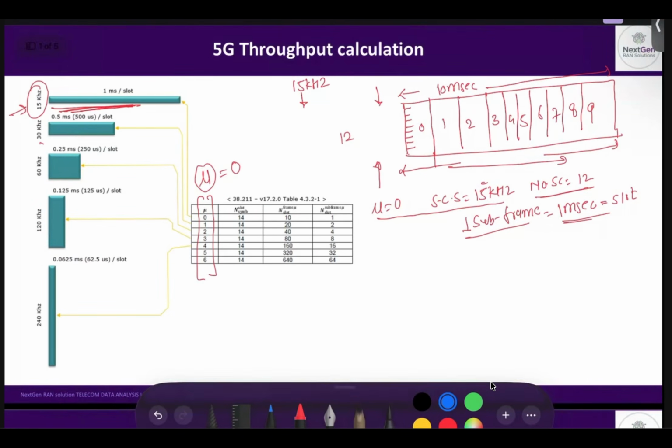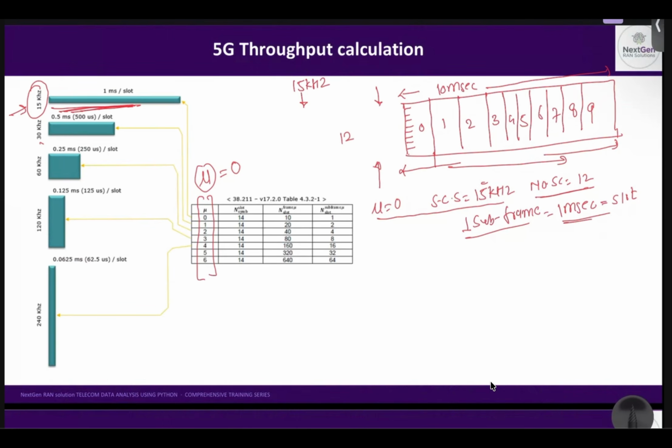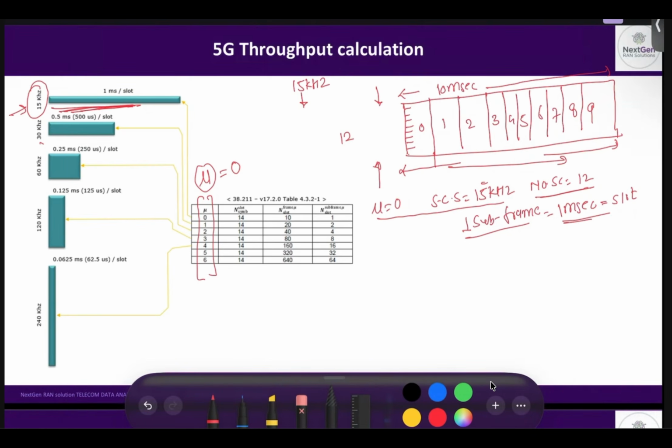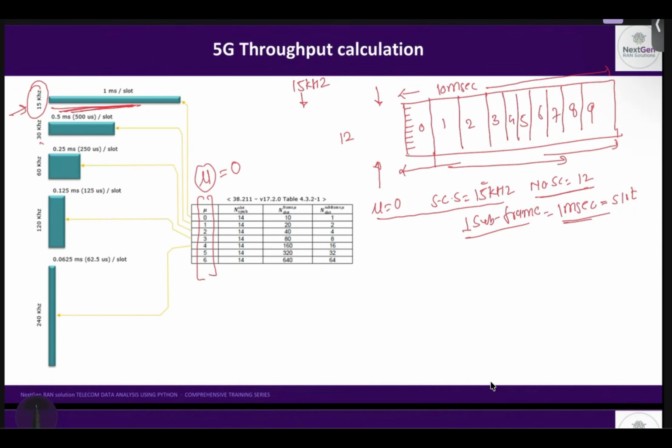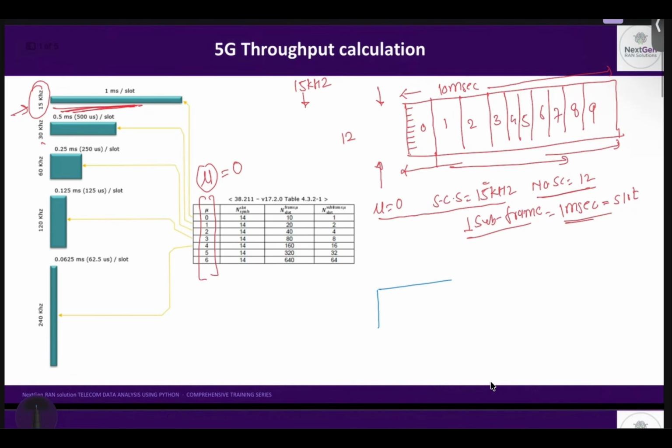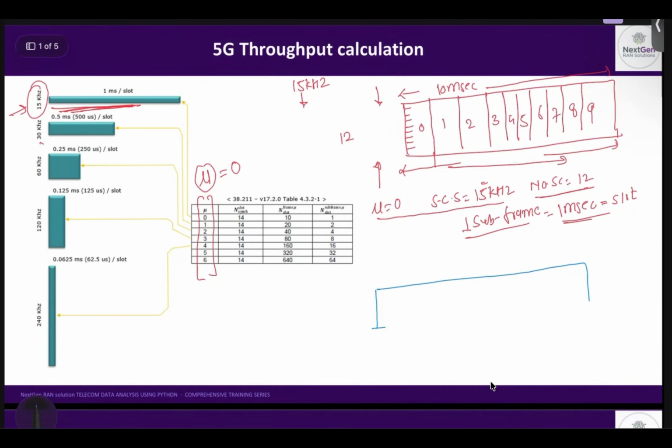Suppose I have numerology mu equal to 1. With mu equal to 1, the slot is of length 0.5 millisecond, so there will be 20 slots.